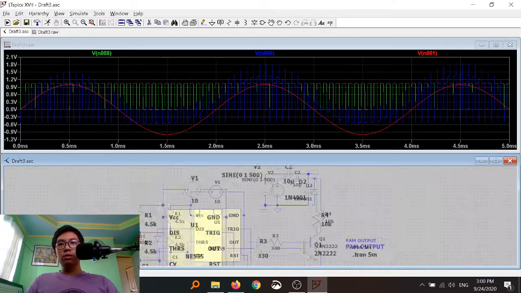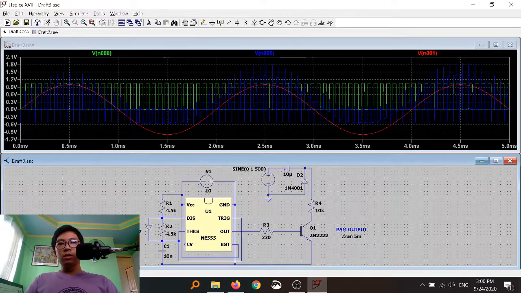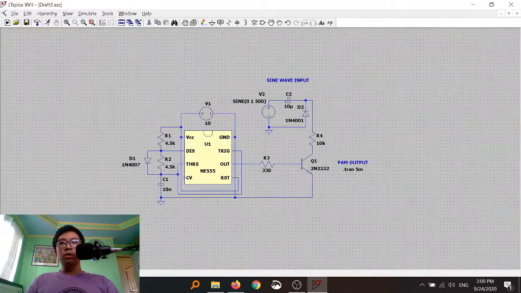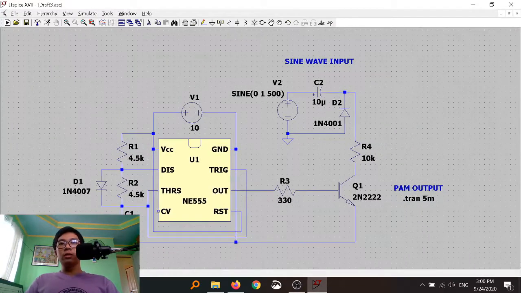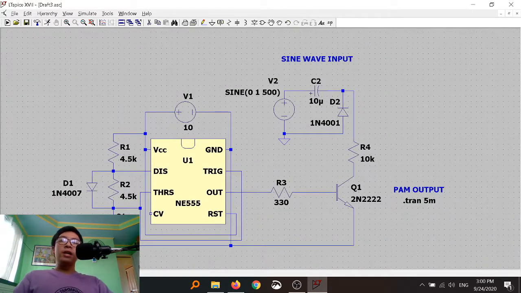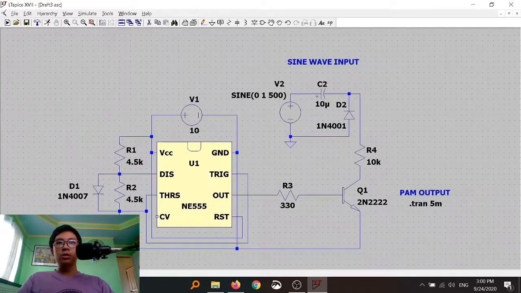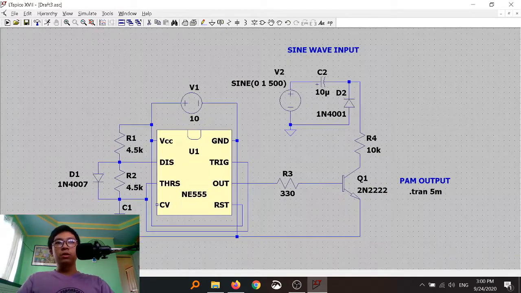So that is our pulse amplitude modulated circuit design using an ideal 555 timer. And this is our oscillator input circuit. So yes, thank you for watching.